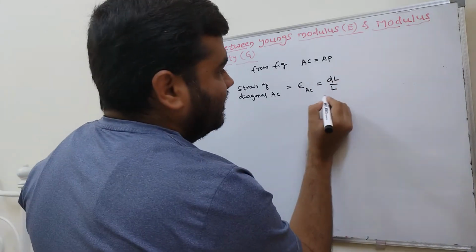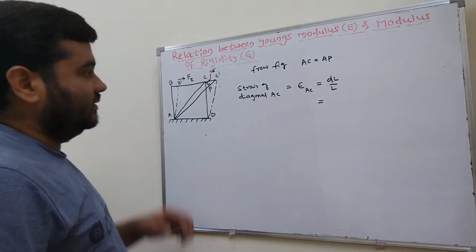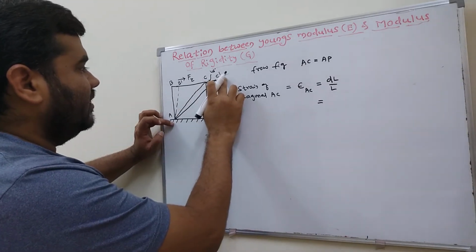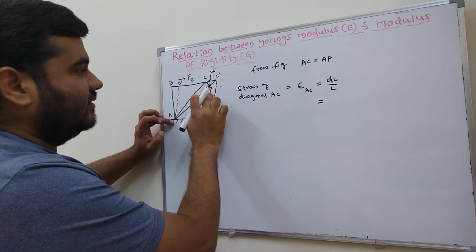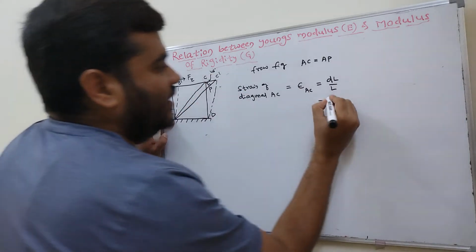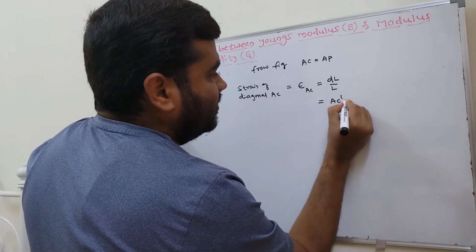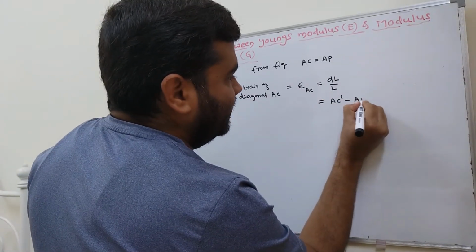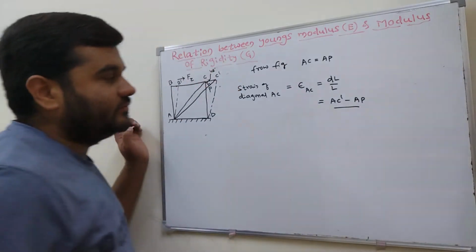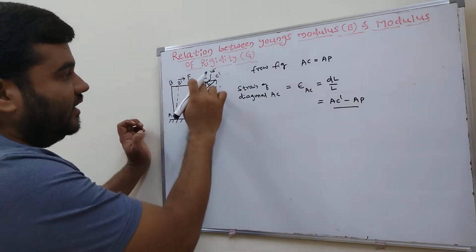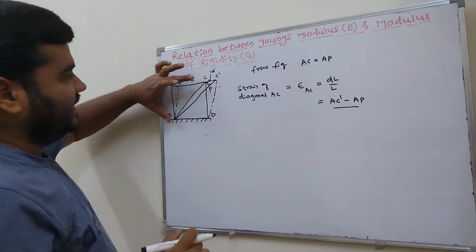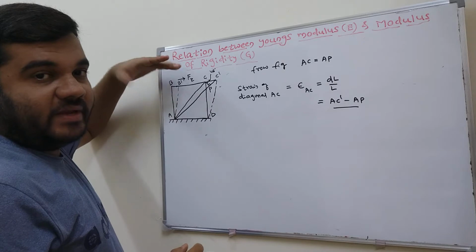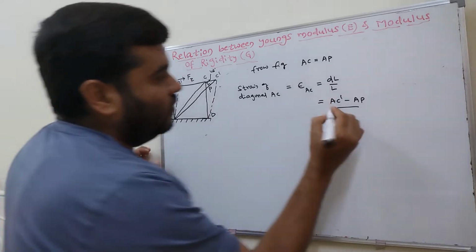This will be equal to change in length, AC dash minus AP, divided by original length. Your original length is AC, before applying any load.